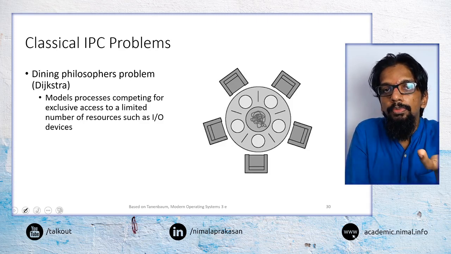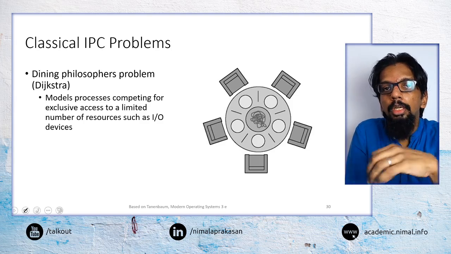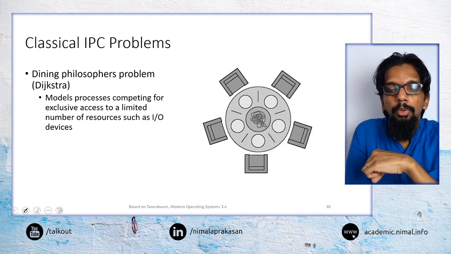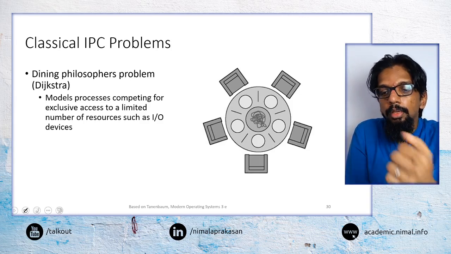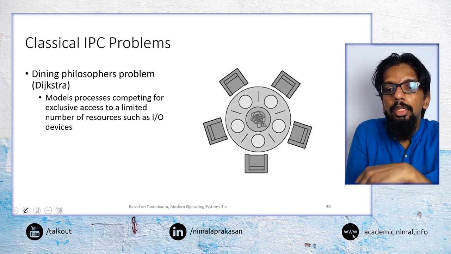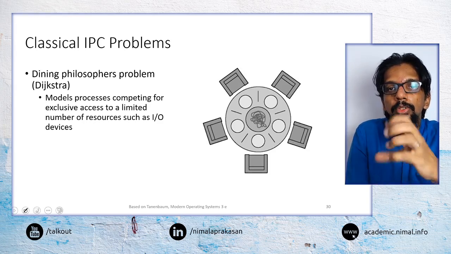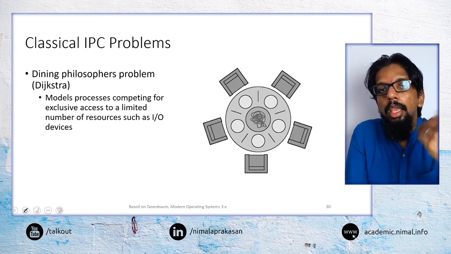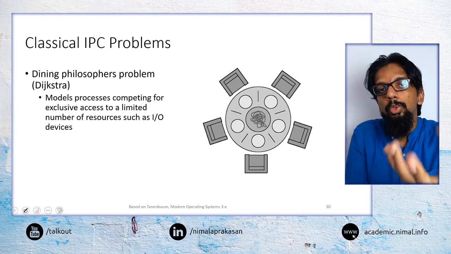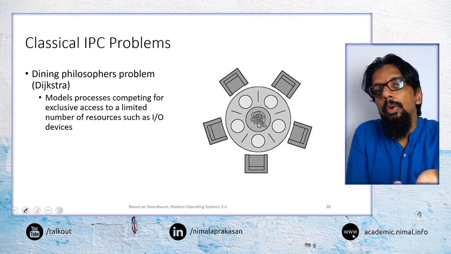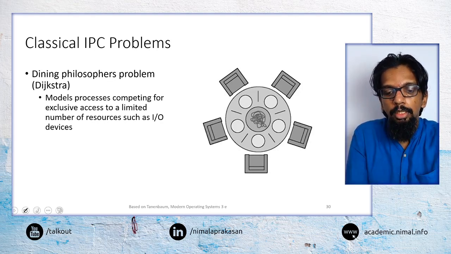For example, if we only have one printer and 5 different processes need to print, which process prints using that printer? Or in this example, there are 5 chopsticks and we need 5 people eating. How can they share that resource and eat? So again, any sort of shared resource problem we can understand through this. That is how we are going to share between different users, different processes, and so on.